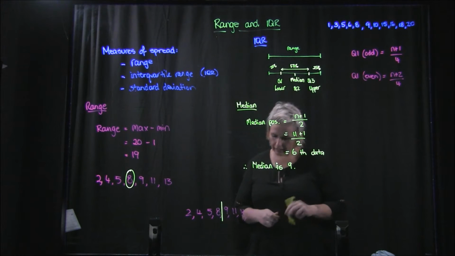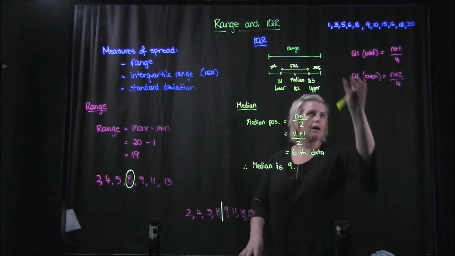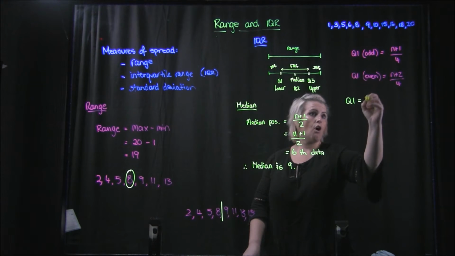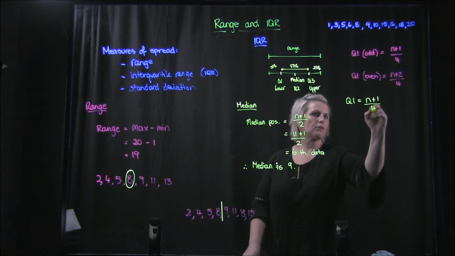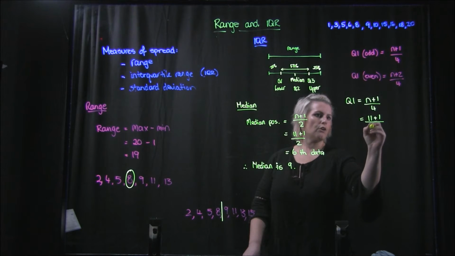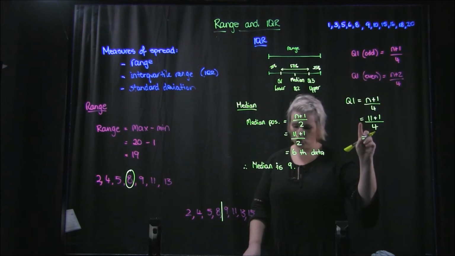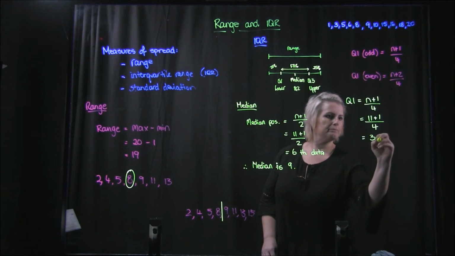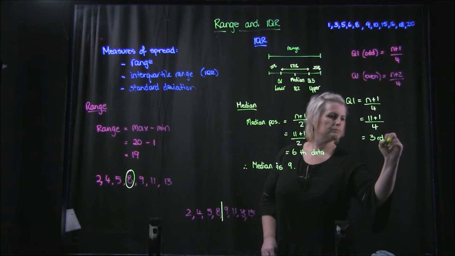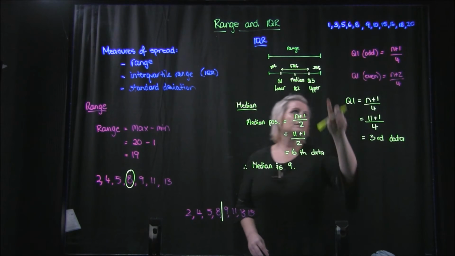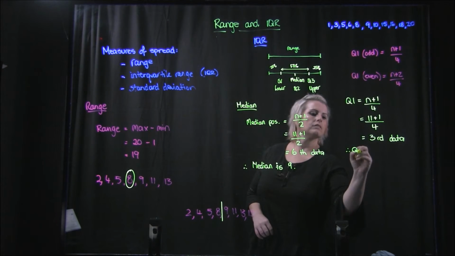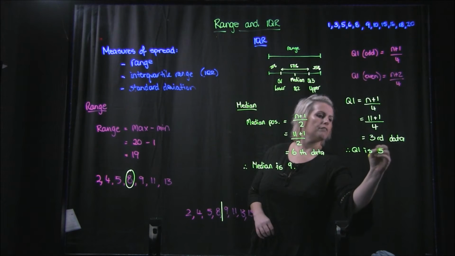If I work out my Q1, I have an odd number, so I'm going to do n plus 1 over 4. My n, as I worked out before, is 11, so 12 over 4, which gives me 3. That means my Q1 position is the third, so Q1 is 5.